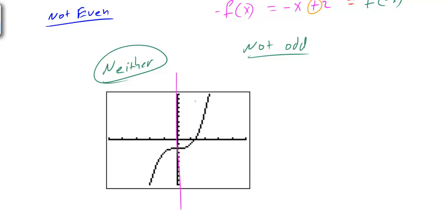This graph is not going to fall on top of itself, and because this graph is not going through the origin, this is not going to fall on top of it as we rotate around the origin. So here the function is neither even nor odd.